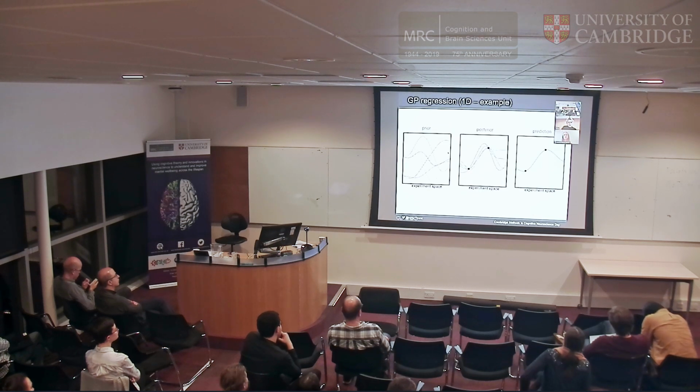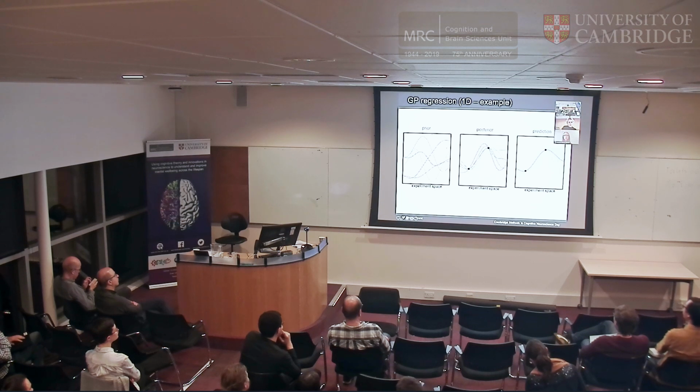And just to give you a short idea, in 1D, the experiment space would be on the X now, and Y would be, for example, a BOLD response. So the prior, because you selected a certain covariance function, basically before you've seen any data, you know that the space will roughly look that smooth. Now you observe data, so these are your black points, and now you fit the Gaussian process regression.